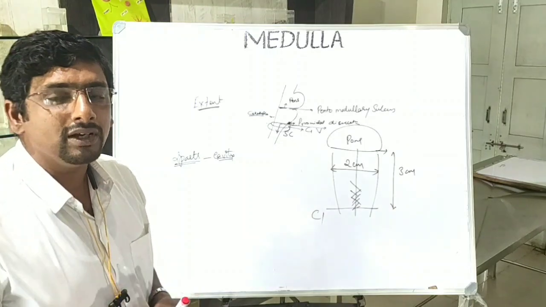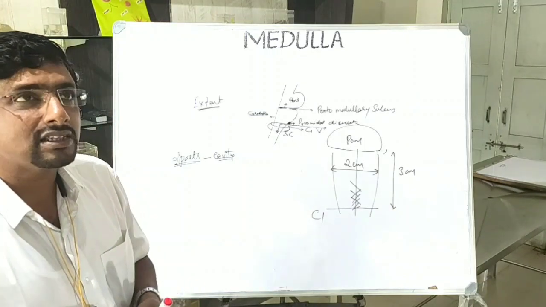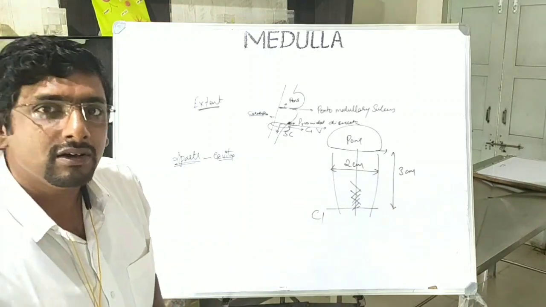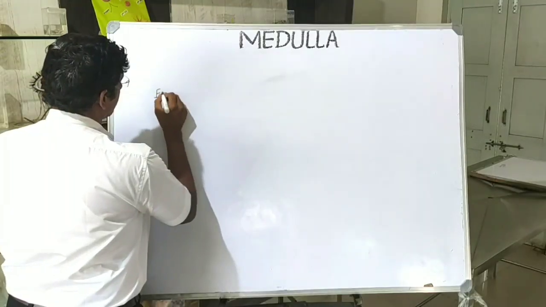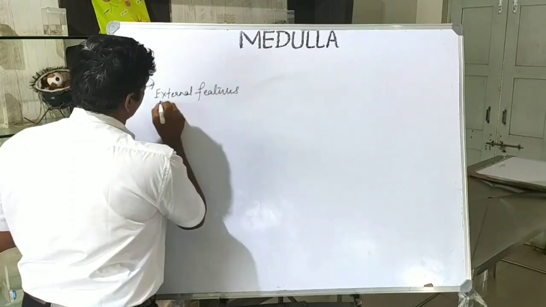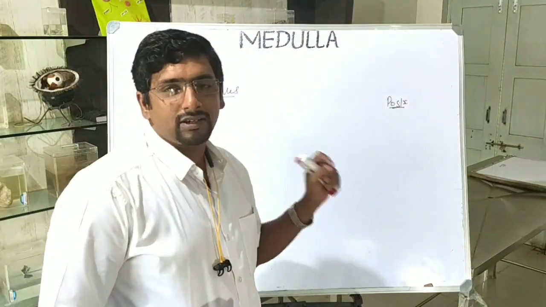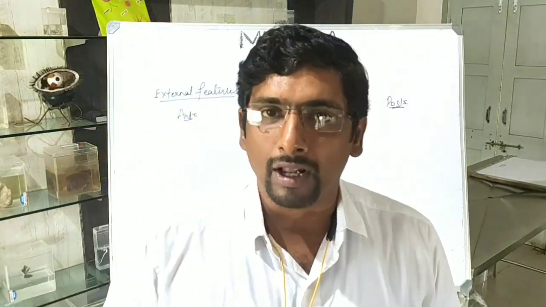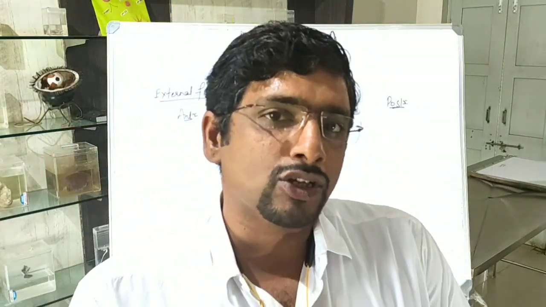Now we'll see the appearance. What are the external features of the medulla oblongata? Before coming to the external features, one thing we need to understand is that it is actually the continuation of the spinal cord. The features of the spinal cord are also there in the medulla oblongata, but the upper part of the medulla is a little bit different, with somewhat modified parts, while the lower part of the medulla is almost the same as the spinal cord. So what are the features of the spinal cord?